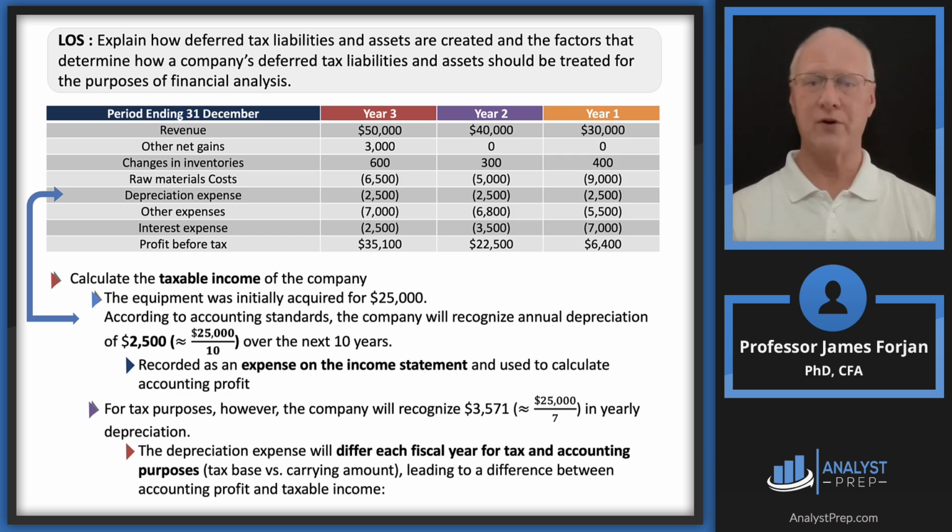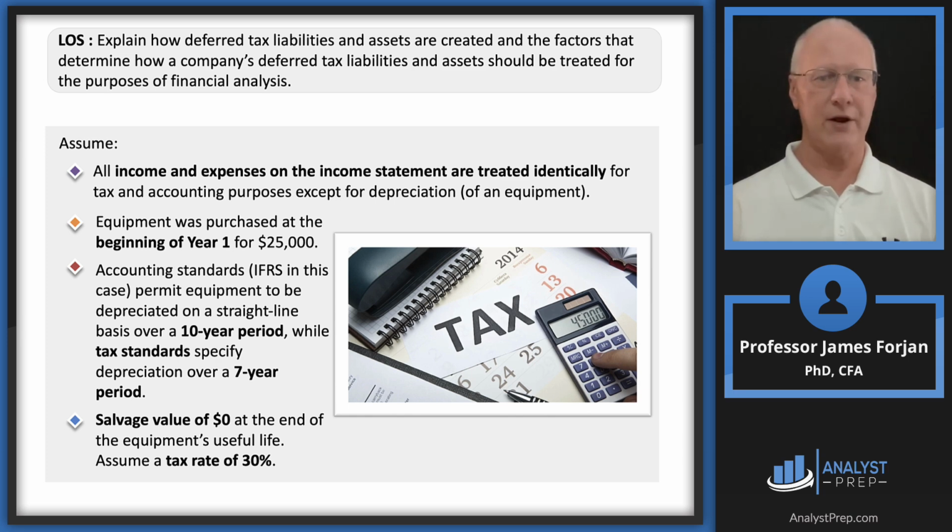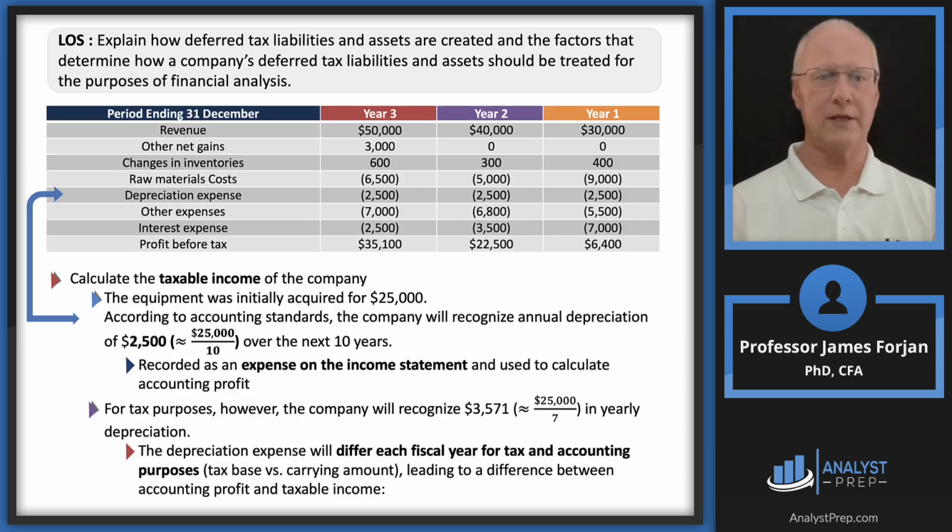And this is going to be for taxable income. All right, remember back here, where was that? 10-year depreciation. So if we take that $25,000 and we divide by 10, we get the $2,500 worth of depreciation expense. But if we take that $25,000, look down on the bottom right there, and divide by 7, we get $3,571.